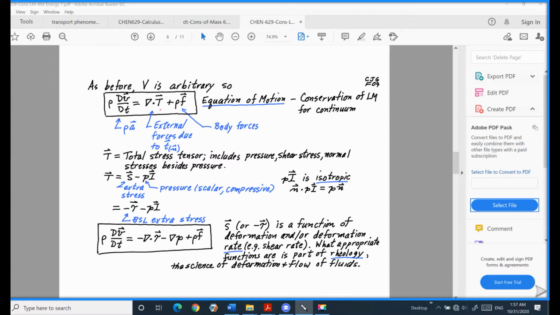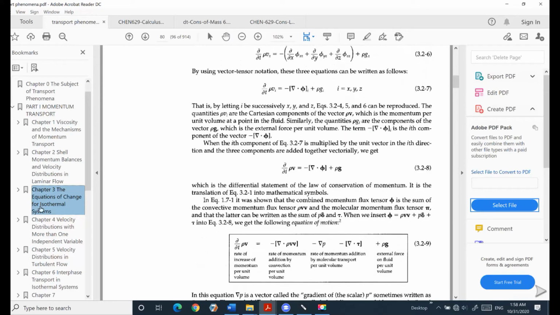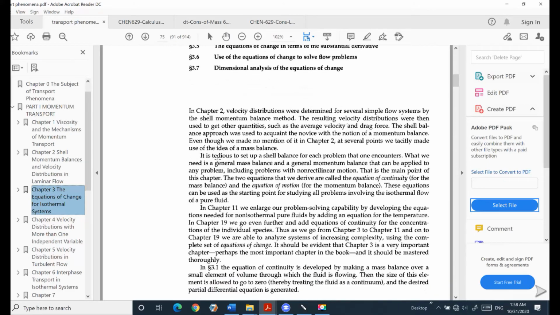Then we insert this in here instead of the stress tensor. Then finally we obtain this form here. So we should remember this formula again. Now I just want to jump to chapter 3.